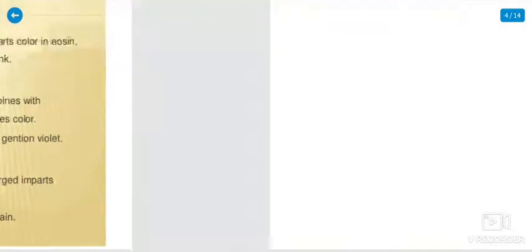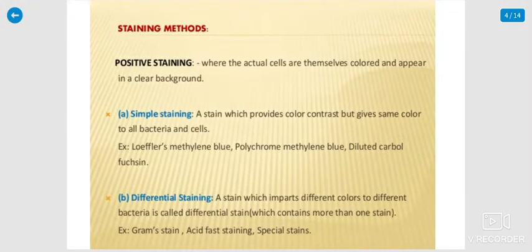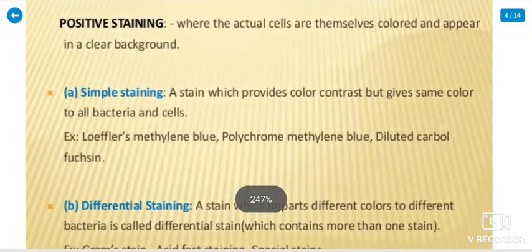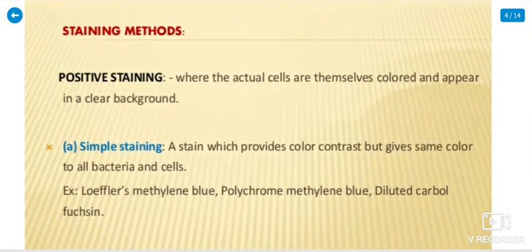Next, the staining methods. Positive staining is where the cells themselves are colored and appear in a clear background.